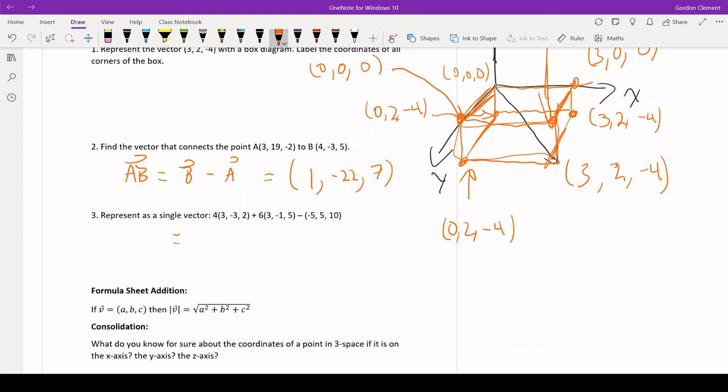And then representing as a single vector, I'm going to do the scalar multiplication first. So multiply those scalars into the vectors.